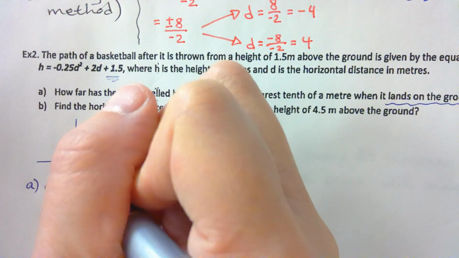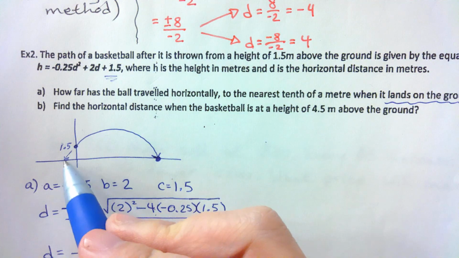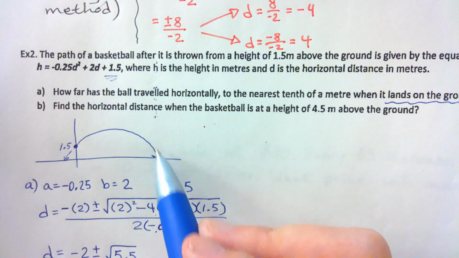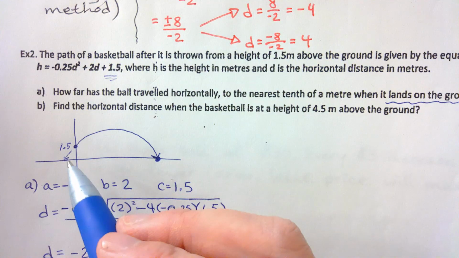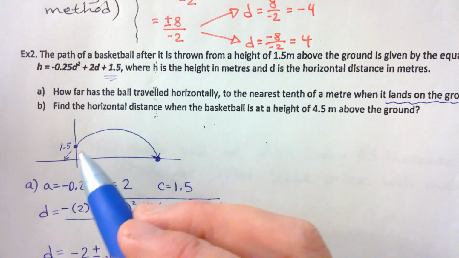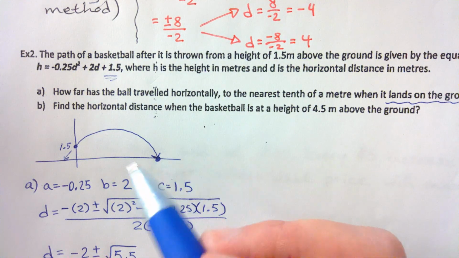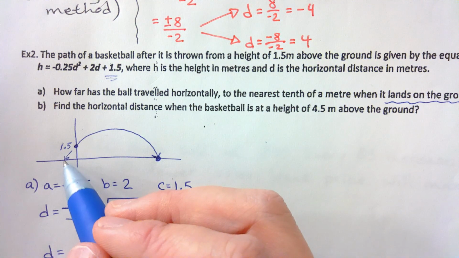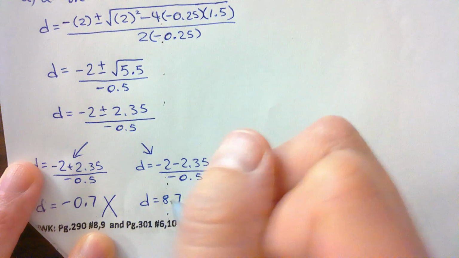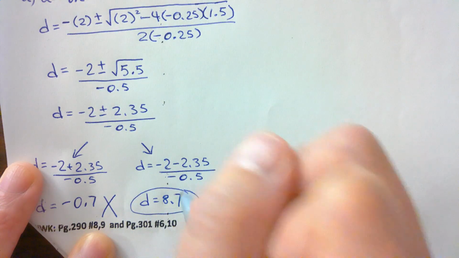All right. Good. Good explanation, Gavin. So even though this doesn't make sense, it's still part of the whole parabola. So the equation of the parabola doesn't know what you want and what you don't want. It's just a representation of this. So that's why this right here is negative 0.7, which we are going to reject. And so we're just taking this.